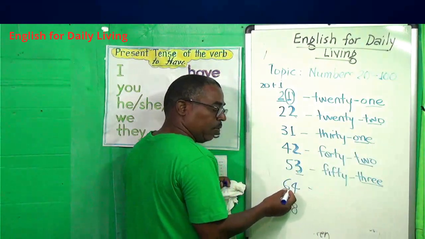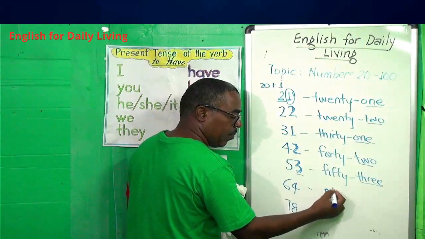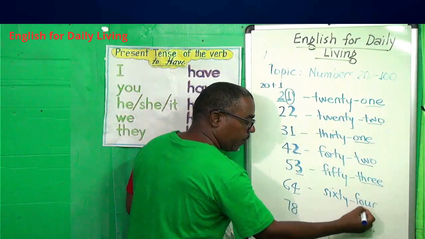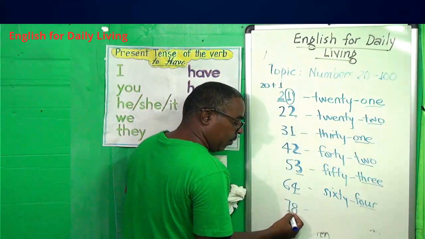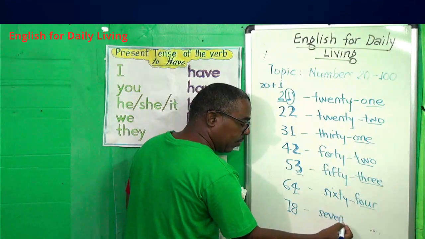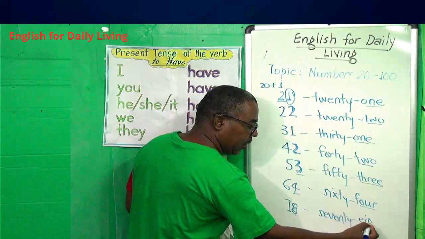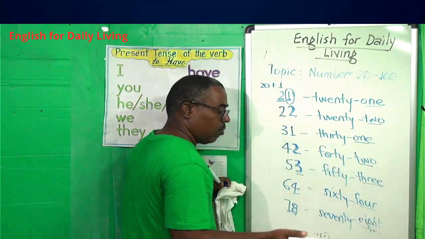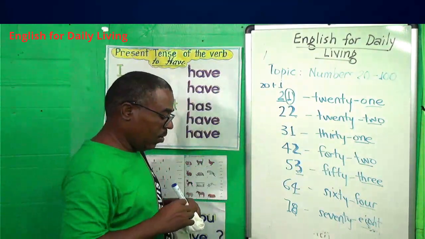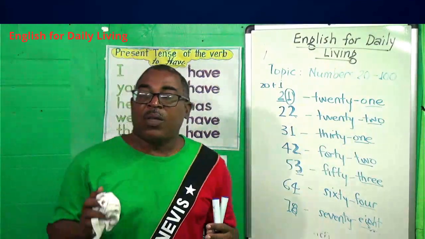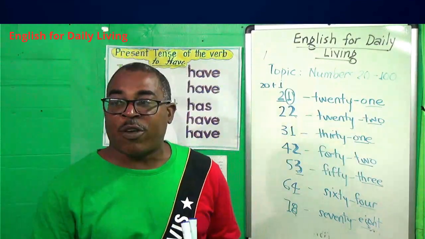This is what? 60, and this is 4, so 64. 70, and this is 8, so 78. Very easy to do. Alright, so those are the numbers from 21 up to 100.